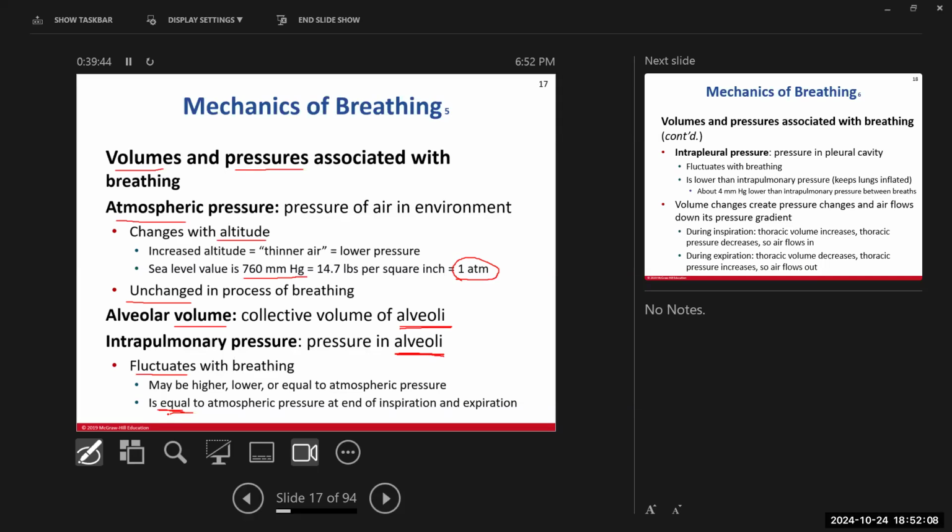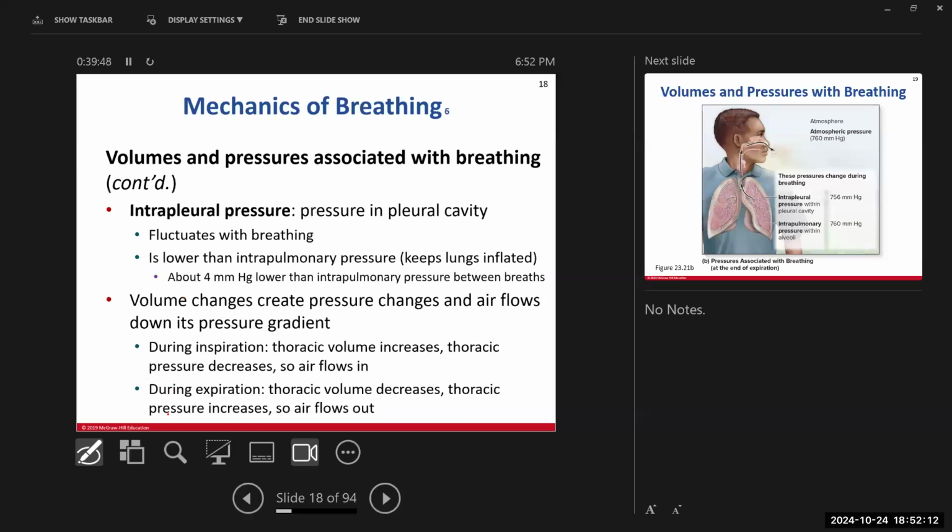There's one more pressure term that I want you to know because we're forgetting one other place, and that's the intrapleural pressure, the pressure in the pleural cavity. This too is going to change. But what did I say before, way back at the beginning of class today? It should be always lower than your intrapulmonary pressure.